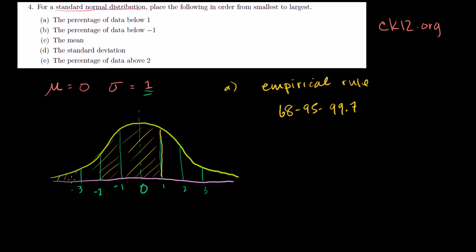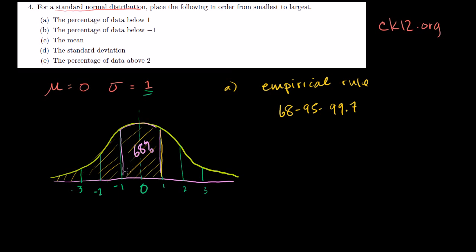The area under the bell curve all the way up to 1, or everything to the left of 1. The empirical rule tells us that this middle area between 1 standard deviation to the left and 1 standard deviation to the right is 68%. We saw that in the previous video as well. That's what the empirical rule tells us.